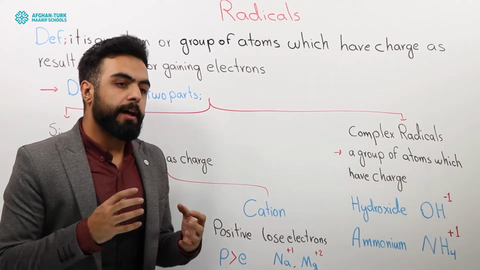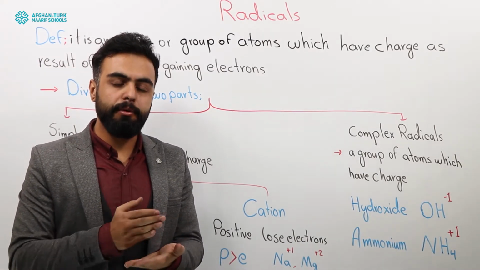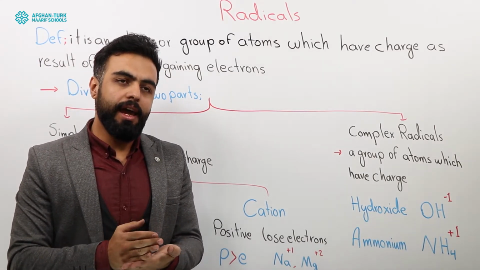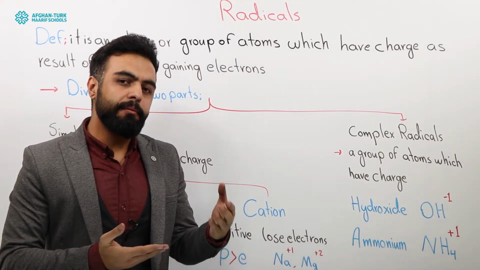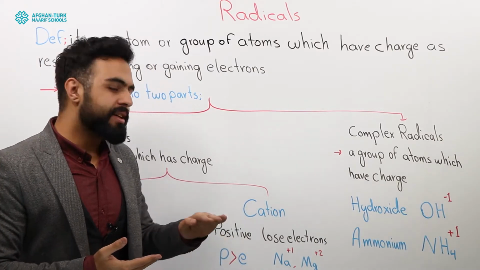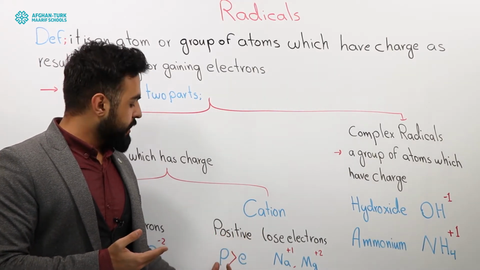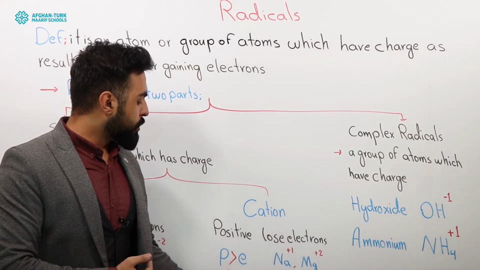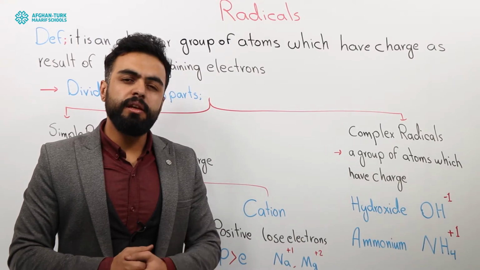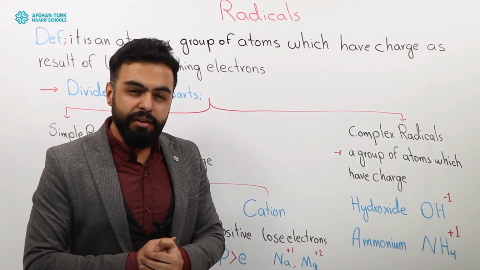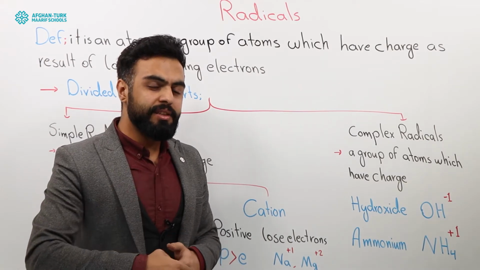Cation, the same: the atoms have the same number of protons and electrons, and when they lose electrons, the number of electrons in an atom decreases. So that's why they become positive, and the number of protons is more than electrons. For example, sodium has 11 electrons and it has 1 electron in the last shell.